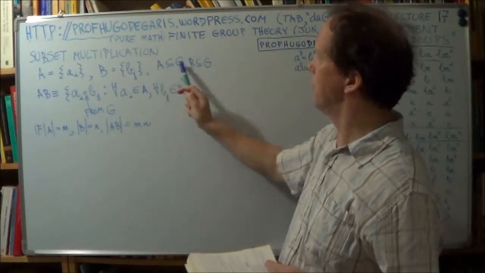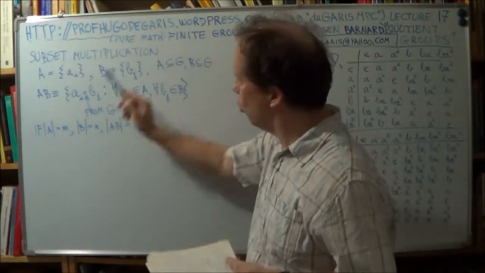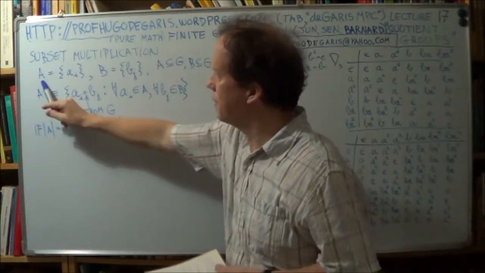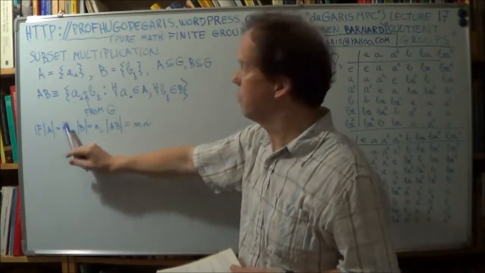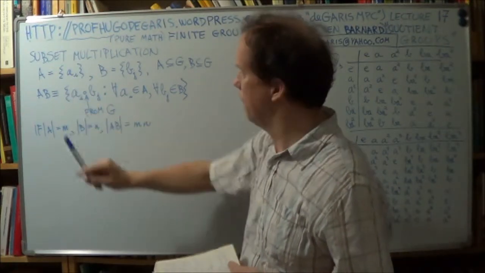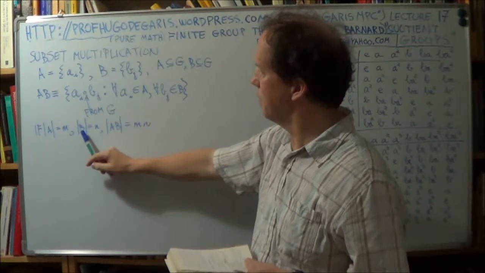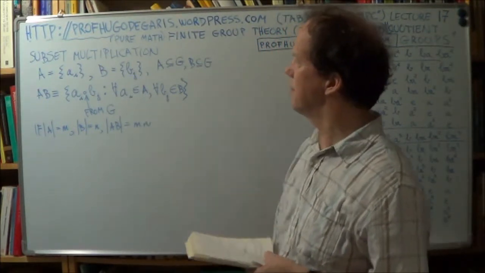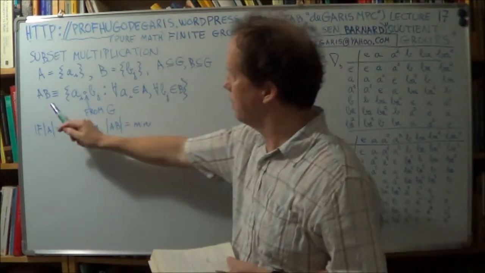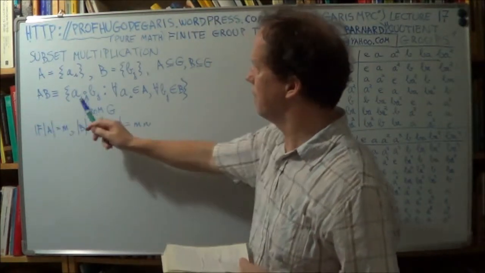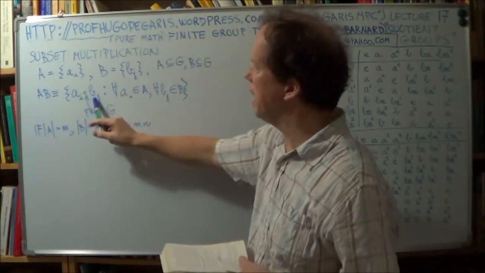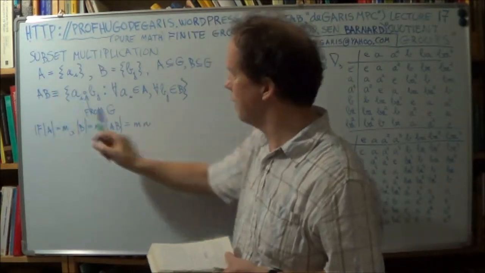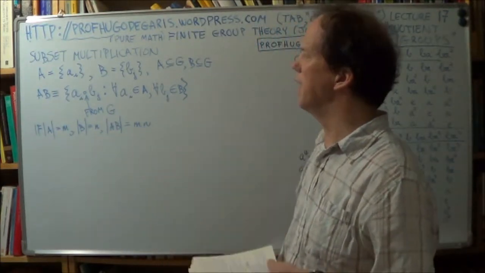B is a subset of G, A is a subset of G, okay? For all possible ordered pairs. So that if the size of this subset A is M, so imagine you have M members here, and the size of subset B is N, so you have N members in this subset, okay? Then the size of this set, you will have M times N possible ordered pairs. So the size of this set will be M times N.